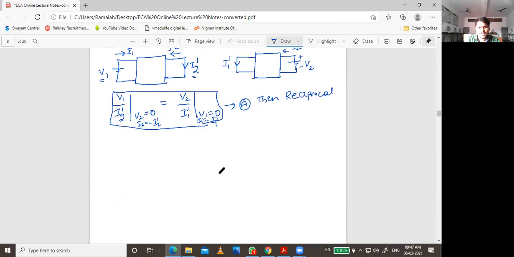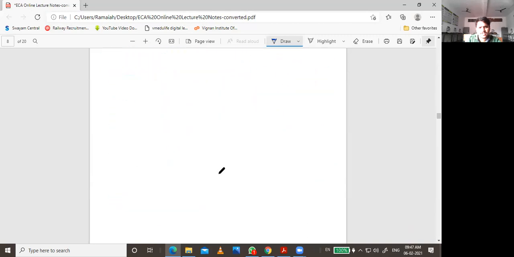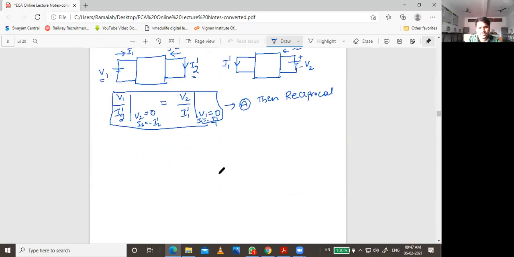Now let us derive the condition of reciprocity in Z parameters. So take the first one. What is the first one? First one is Z parameters. Now, what is the condition for reciprocity in Z parameters? Now see, first write down the equations.